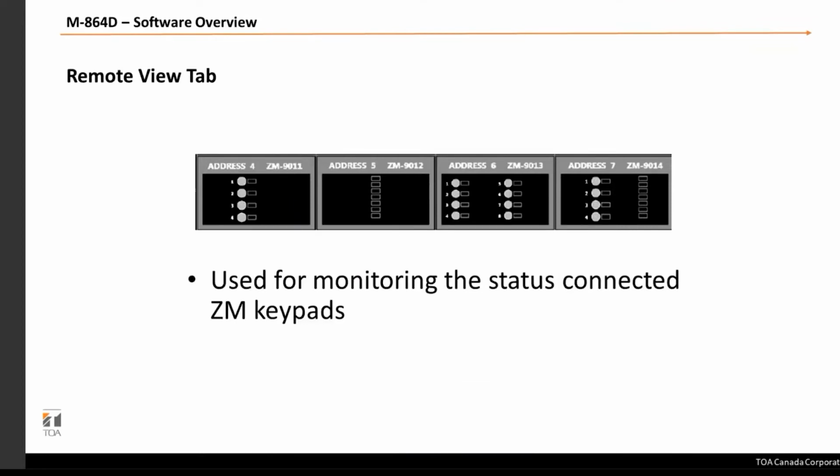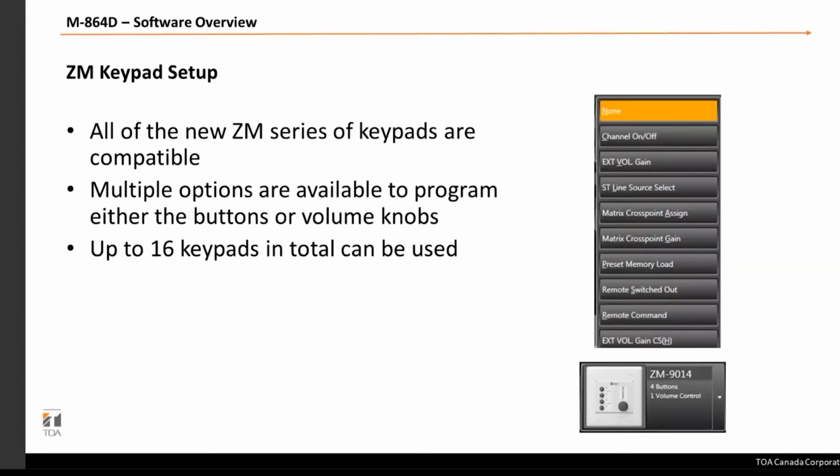Like we see here that we have a ZM 9011 on the address 4 of the system, a 9012 on the address 5, 9013 on the 6, and 9014 on the 7. Very easy and intuitive also to set up the ZM controllers with the software.